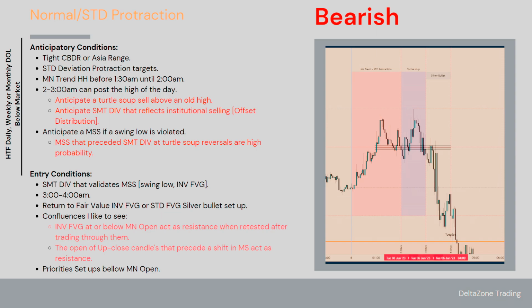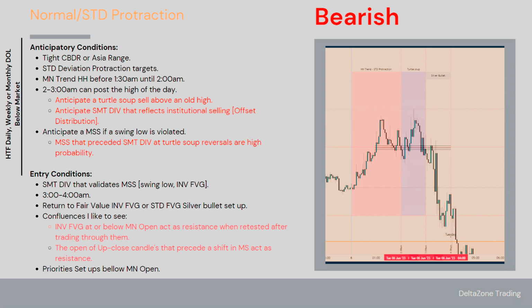I always try and use a return to fair value where possible, because the way price trades relative to them allows us a means by which to measure shifts in sentiment that can otherwise reflect a change in the price engine model. ICT notes that any inverted fair value gap or standard fair value gap can be used as a point of reference, a means to measure shift in sentiment as price shifts from a buy to sell program or from a sell to buy program.